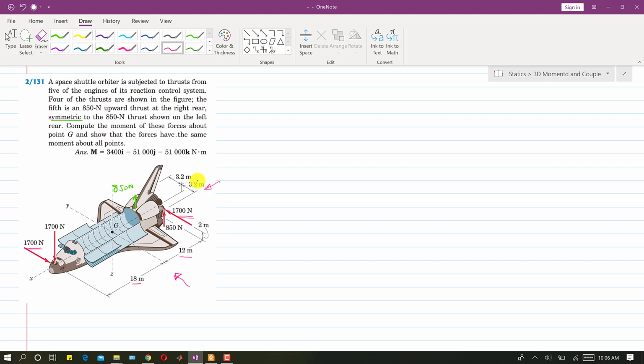What will be the direction of the couple produced by these two 1700 Newton forces? This will be the direction, and if we curl our fingers in this direction, our thumb should point in the negative z direction. So these 1700 Newton forces are producing a couple in the negative z direction.